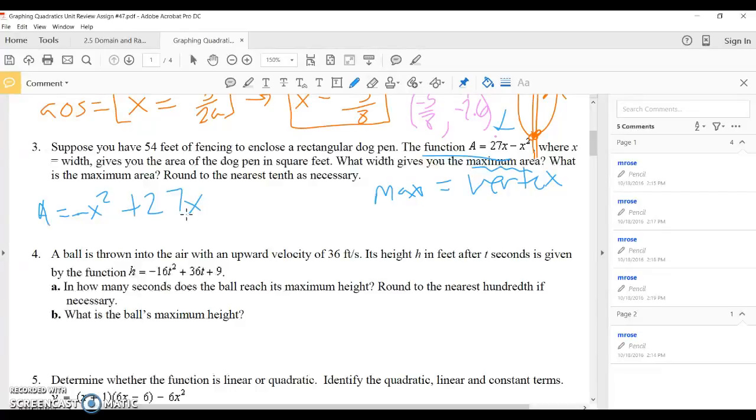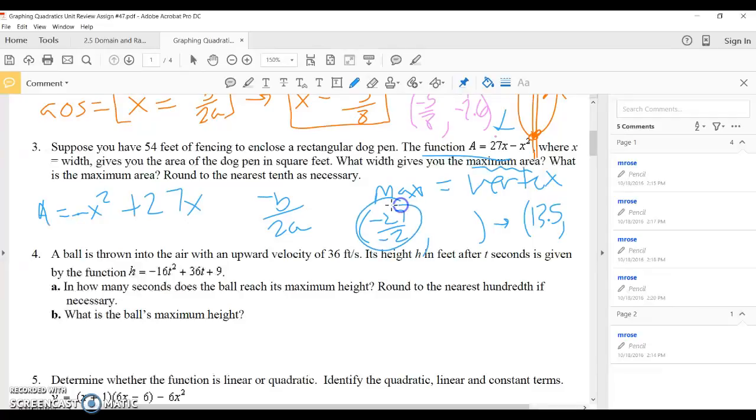And again, how you find the vertex is you do -b over 2a. So the x value of my vertex would be -27 divided by -2, which would give you, if we simplify this a little bit, 13.5.